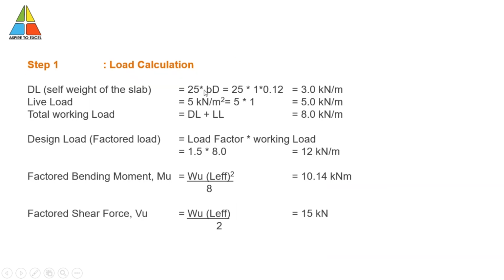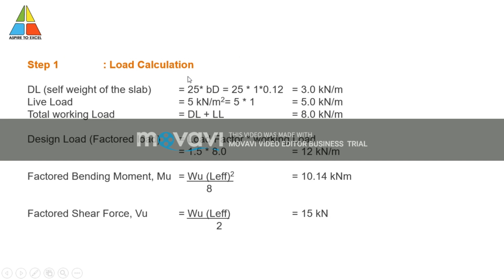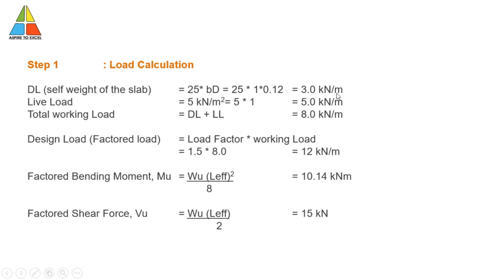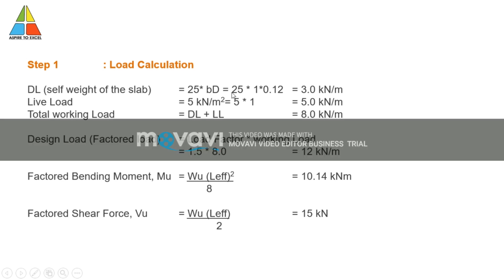Load calculation. The unit weight of any RCC member is 25 kilonewton per meter cube. We multiply it with the cross sectional area, overall depth and width. So 25 times B into D will give us load per unit length. That is what we are expecting, right? So we have the formula for UDL, that is load per meter length. We multiply the unit weight with the cross sectional area, so it comes out to be 3.